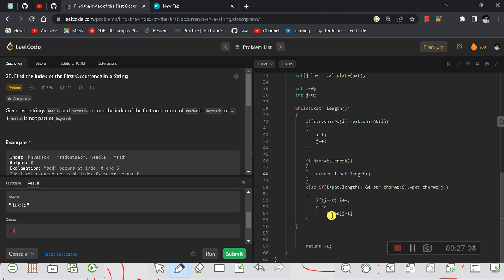After that, if my i is smaller than string dot length and the current characters are not equal, then I'm going to check if my j is equal to 0 or not. Okay, here I have to change my j, not i, because j was something which was going to move, not i.